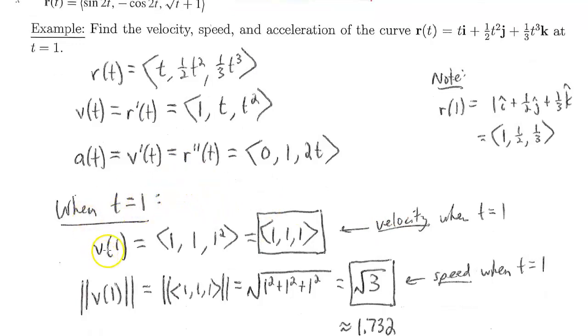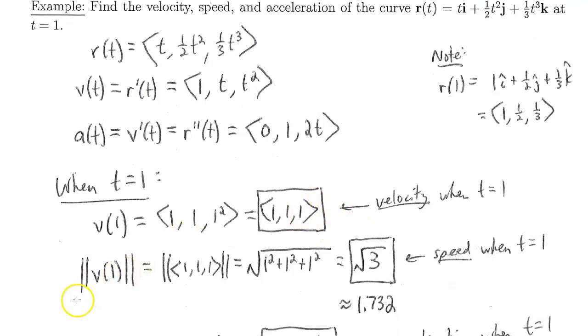So when t is 1, v of 1, let's plug in 1 for t. You would get 1, comma, 1, comma, 1 squared. Now, 1 squared is just 1. So your velocity is 1, 1, 1. Notice that's your velocity, and it's a vector. Now, if you wonder how fast you are going, what's your speed, that would be the magnitude of the velocity vector. So that would be the magnitude of v of 1. The magnitude of 1, 1, 1 would be the square root of 1 squared plus 1 squared plus 1 squared.